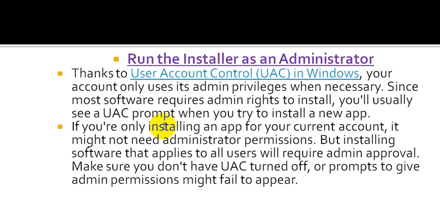If you're only installing an app for your current account, it might not need administrator permissions, but installing software that applies to all users requires admin approval. Make sure you don't have UAC turned off, or prompts to give admin permissions might fail to appear.